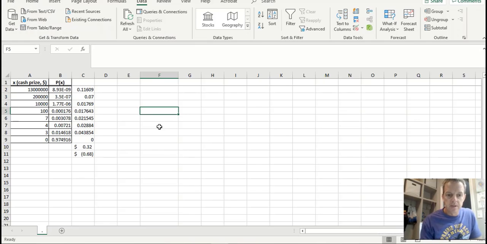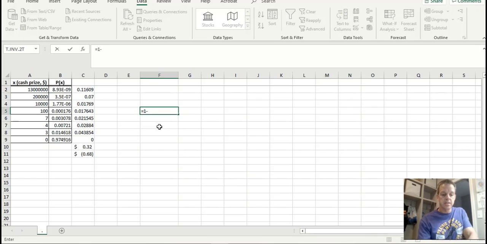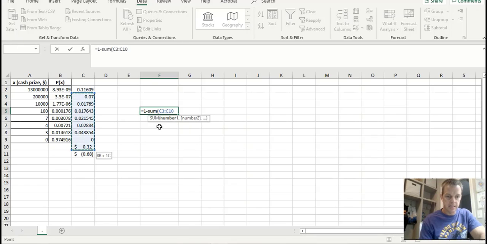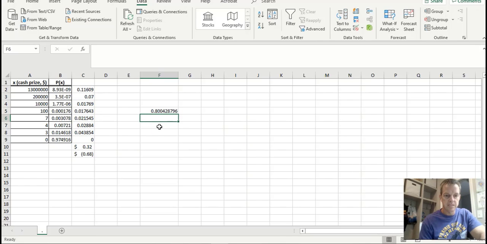So I'm going to write a formula here that says equals 1, which is my winnings that I want so I can break even, minus the sum of all the numbers except the first one. Okay. We're going to take all of these numbers down to the end of that row. Alright, that's the expected value without the top prize.